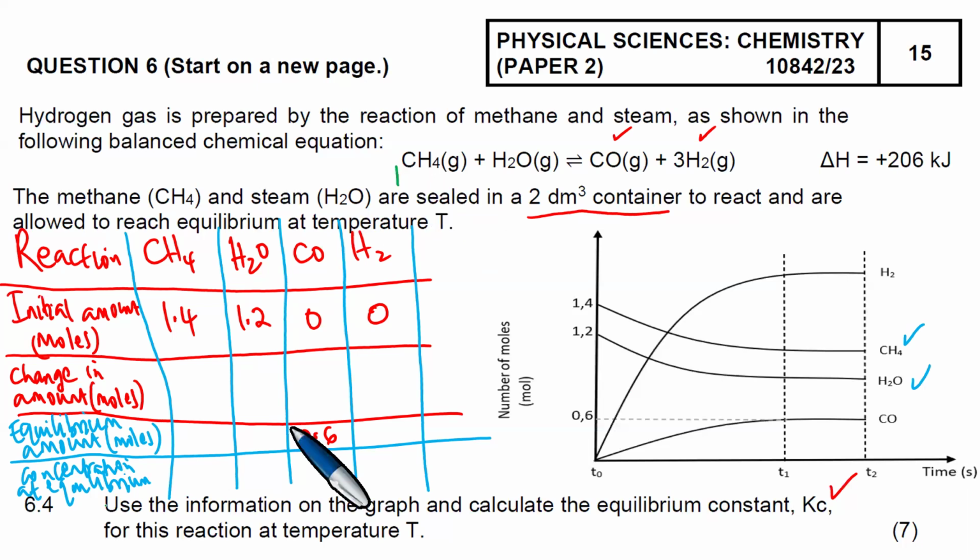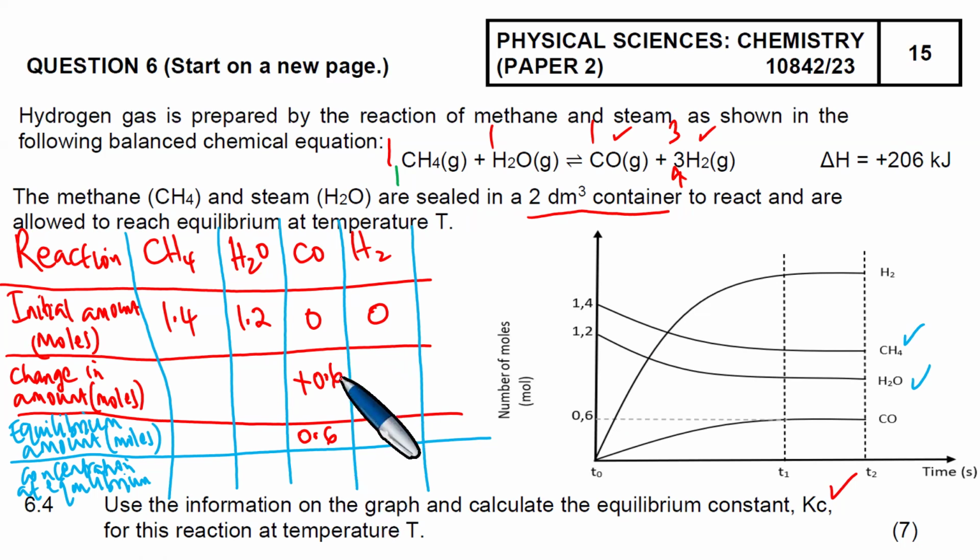For every 1 mole of CH4, there's 1 mole of steam, 1 mole of carbon monoxide, and 3 moles of hydrogen gas. There was 0 in the beginning, so you added 0.6 to 0. You did not have any product before, but if you add 0.6 to 0, you get 0.6.